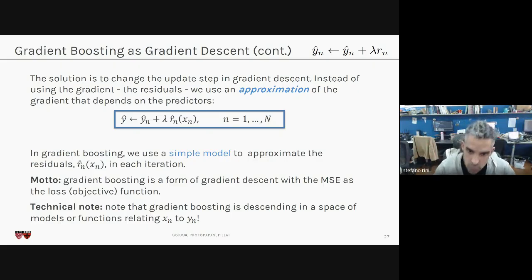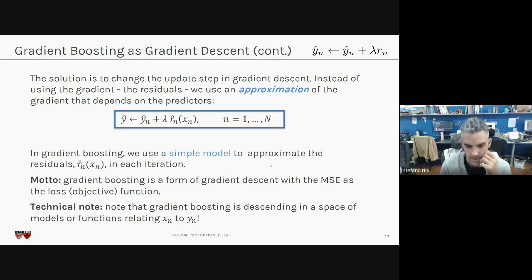So in gradient boosting, we're using a simple model to approximate the residual at each iteration, and the model that we use is exactly that.